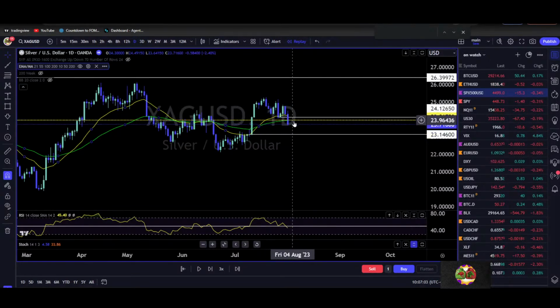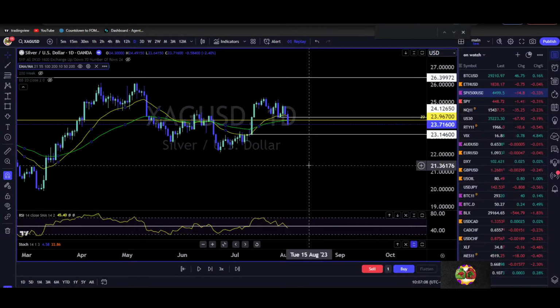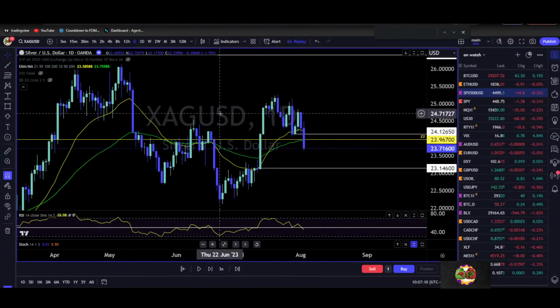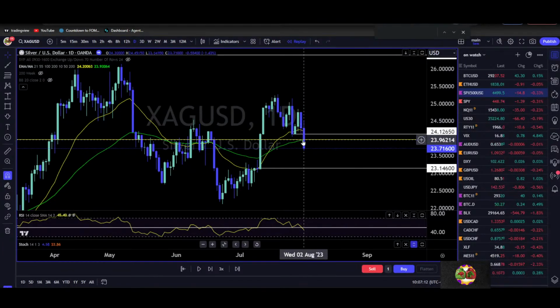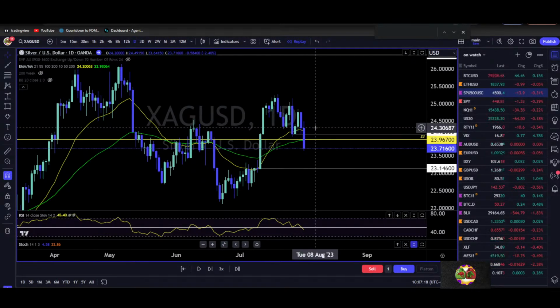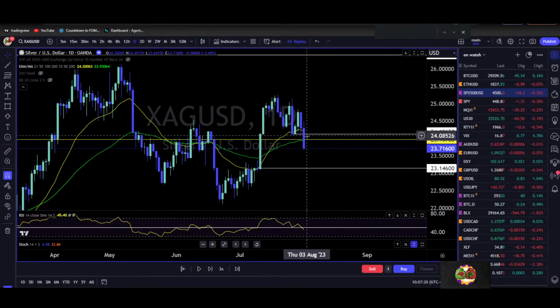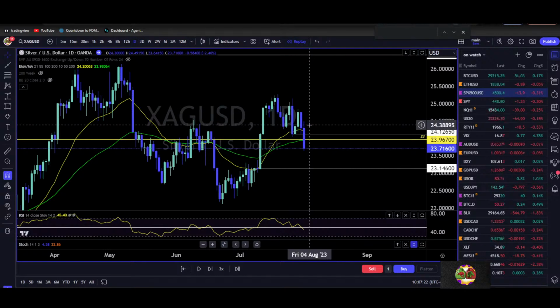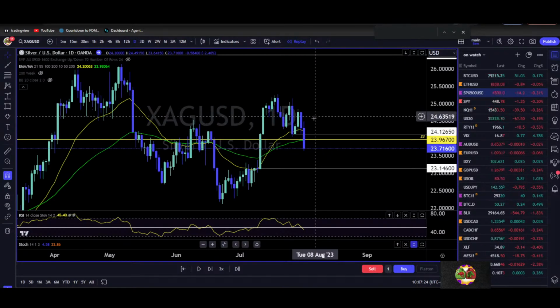Now, could this be a bear trap? Absolutely it can. Absolutely it can. So what you do is you don't buy it now. You wait until price closes back above this support. Then you look for bullish entries because that will show you that that was a bear trap.